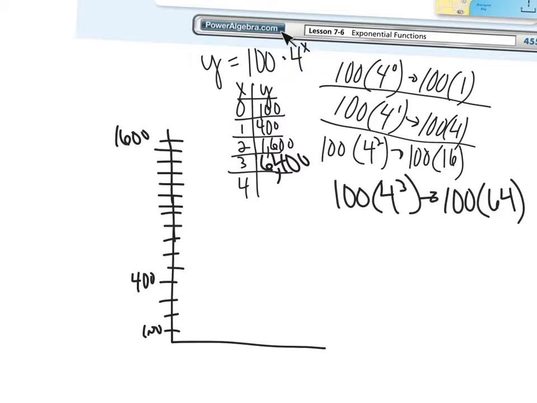Okay, I should be writing other numbers in here, but there we are, and there we are, and there we are. Okay, and so kind of what's going to happen, we've talked about it before with parabolas, is like either a U or an upside down U. This is kind of going to be like half of one of those.